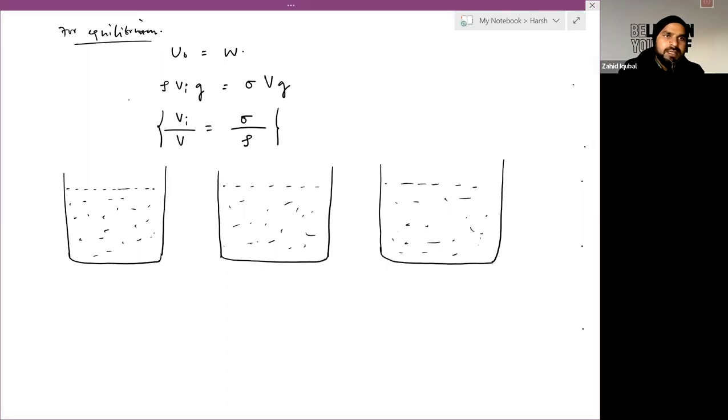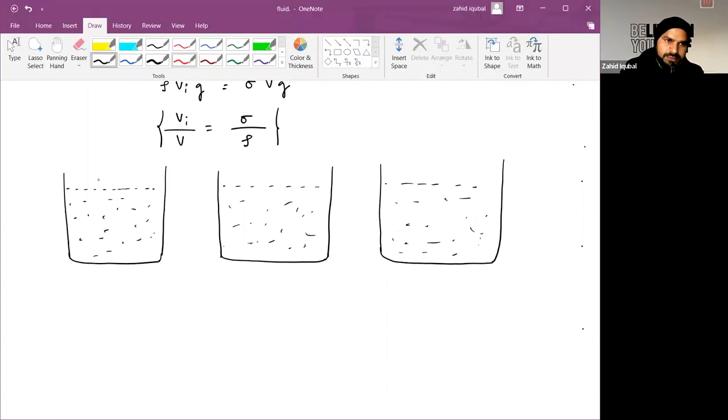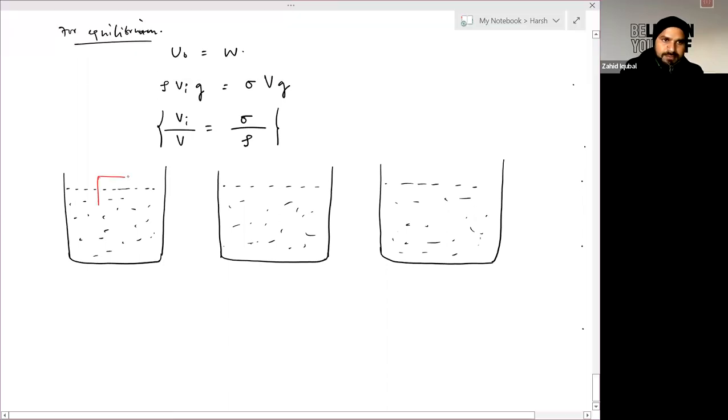When a body is immersed, it may attain a configuration like this.